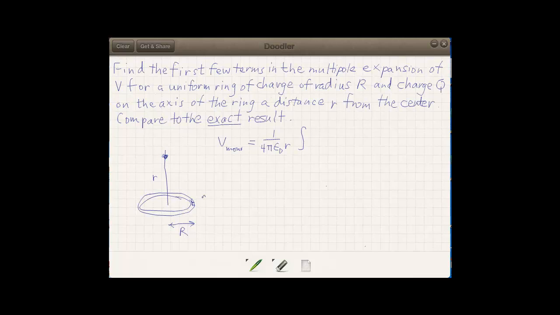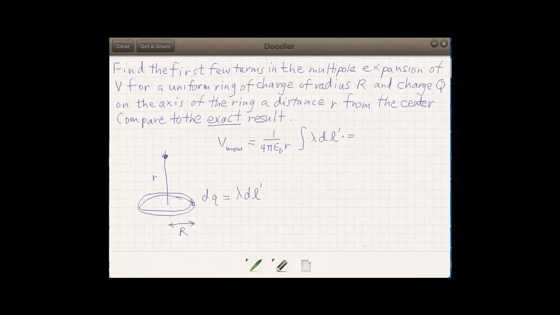We actually have a one-dimensional charge distribution where the charge element, dq, is given by some sort of charge per unit length, lambda, times the length element that we'll call dl prime, using the prime coordinate system to indicate the variable of integration.